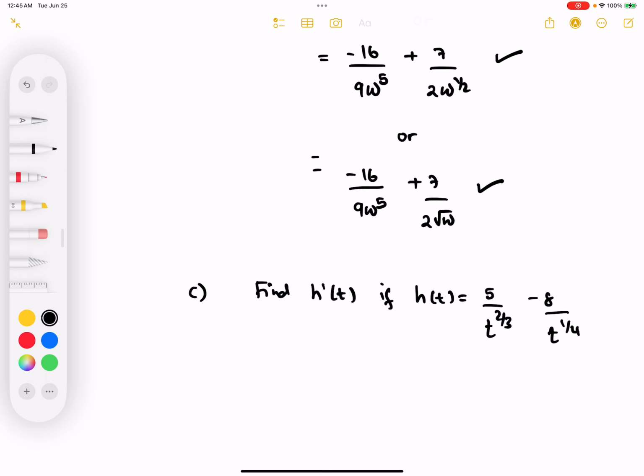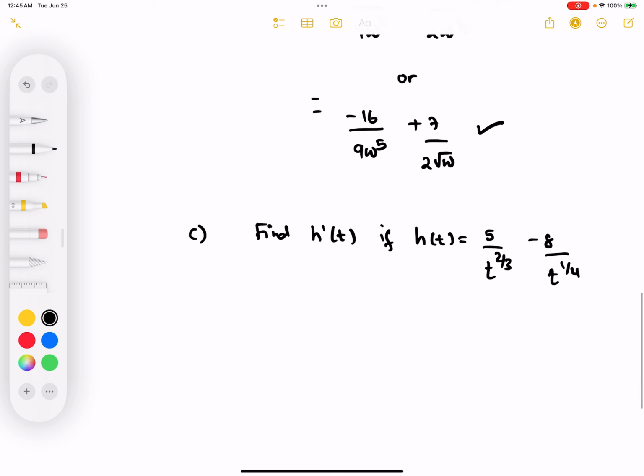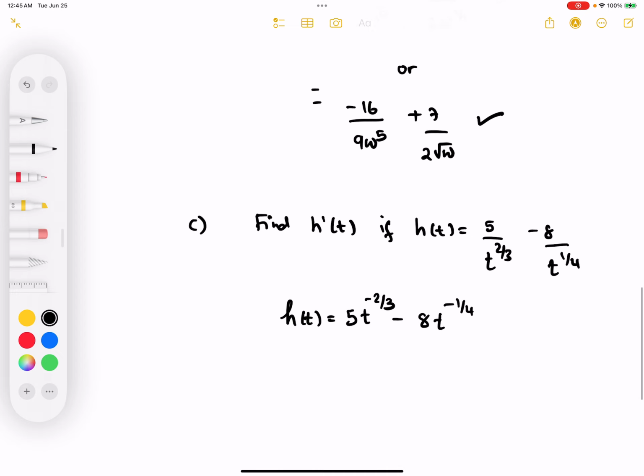Now, the first thing you need to do is prepare the function to be in power form so that you can do the derivative by using the power rule. So the first step, h of t is 5t to the minus 2 over 3 minus 8t to the minus 1 over 4. This is the first step.